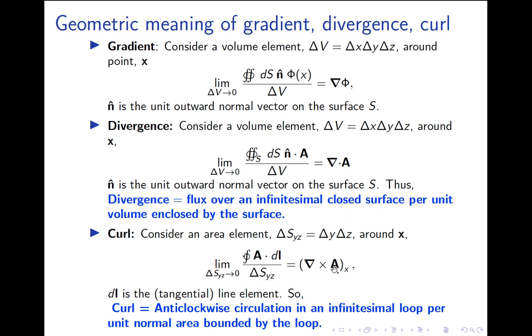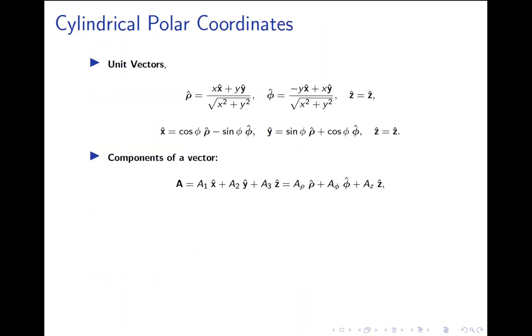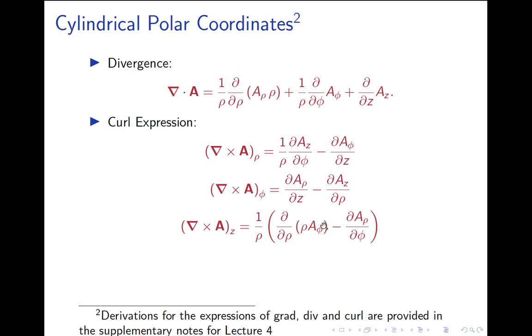That will give you the rho component of the curl, and you will arrive at this expression, if you do that, just following plain rules of multivariable calculus.